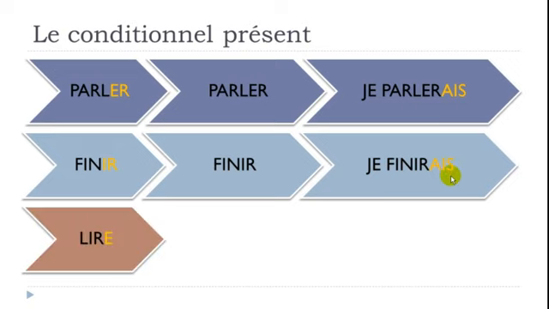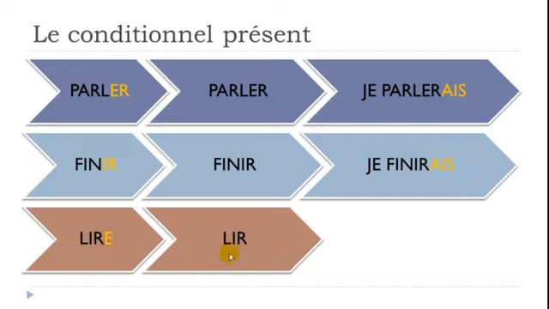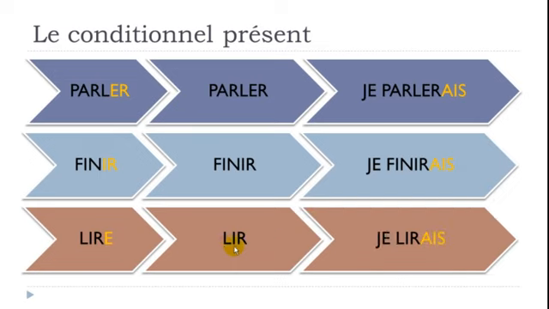Okay? For the third group of verbs, of course, we will have some exceptions. We'll see that a bit later in this lesson. But still, the main rule is if it's ending like lire, to read, the idea is that you will take this away, as we quite usually do in French, and after that you will add your ending.